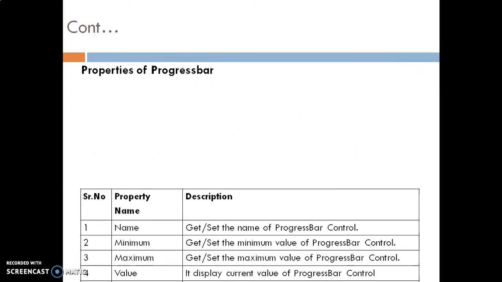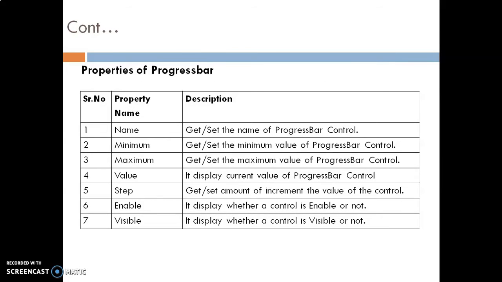Now properties of progress bar. First property is name, which is used to get or set the name of the progress bar. Second property is minimum, used to get or set the minimum value of the progress bar control. Then maximum sets the maximum value. Then value property displays the current value of the progress bar control.